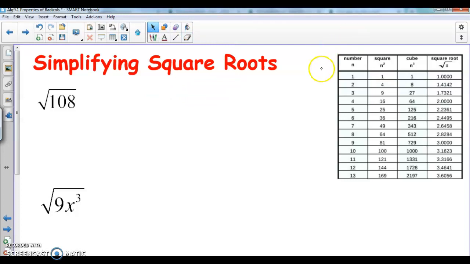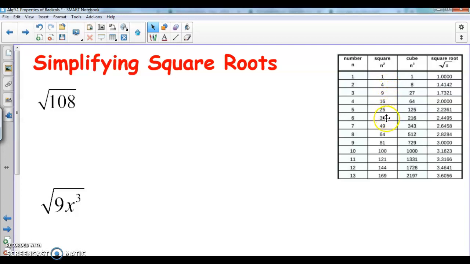Well, if you look at the column for squares here, let's find a number that can divide 108. Everything is divided by 1, so skip that. You can divide by 4, you can divide by 9, you can divide by 16, 25, and so on, right?